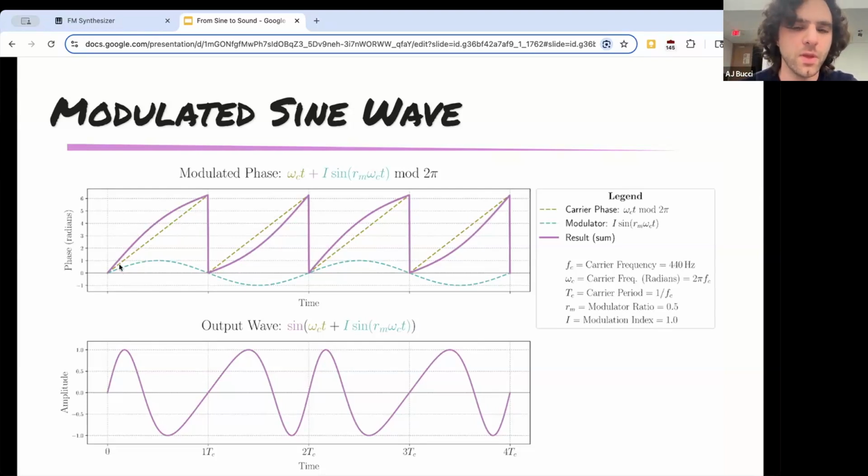And what does that do to our output wave? Where the slope of our phase is steepest, we're going to have a higher frequency. Towards the very beginning, our slope is much steeper in the pink graph than it is in the base yellow dotted line.